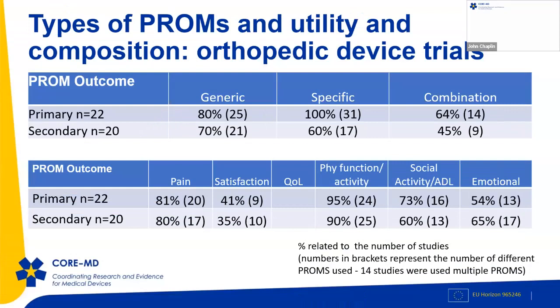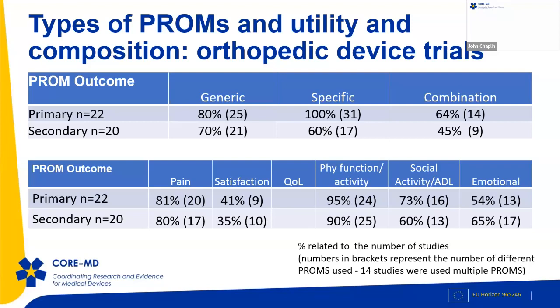If we move on to the next slide, apart from being able to divide up the material that we found into generic and condition specific, we can also look at primary and secondary outcomes measurement. And here we find some differences in how the questionnaires are being used.